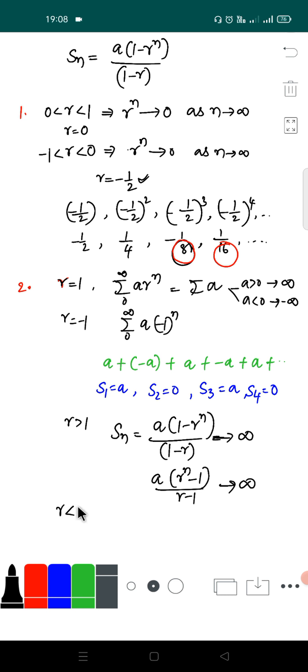Similarly, if r is less than -1, Sn is a into 1 minus r to the power of n over 1 minus r.